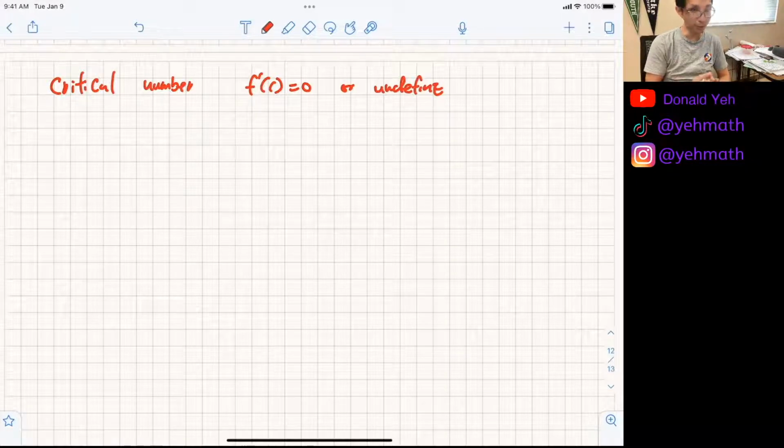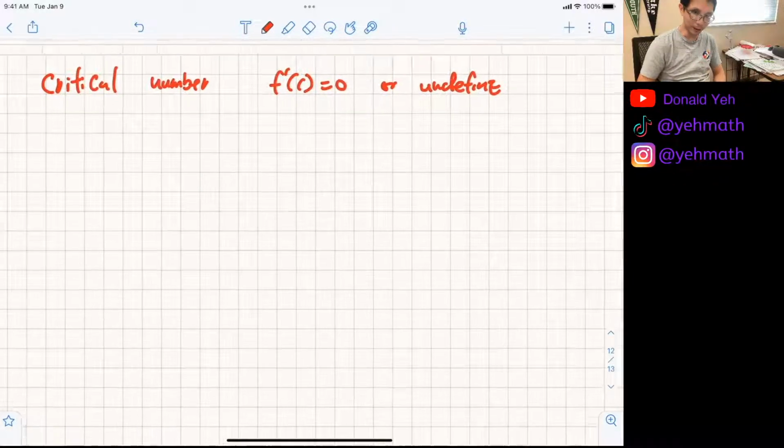So you can have two situations on your homework. Critical numbers.